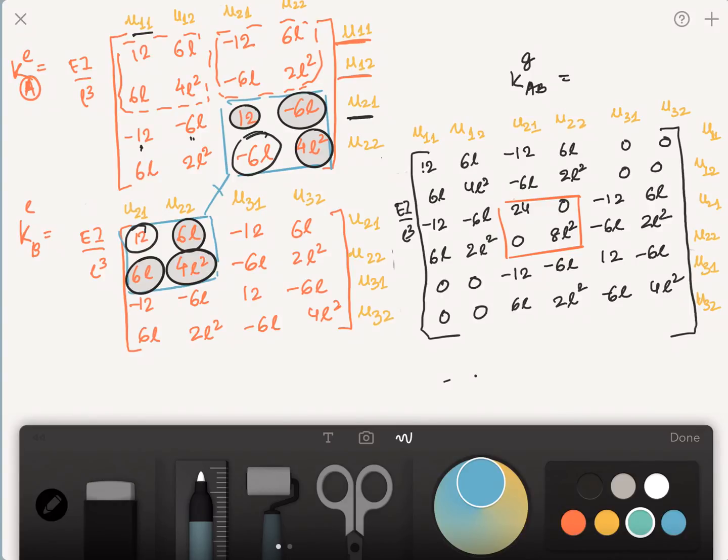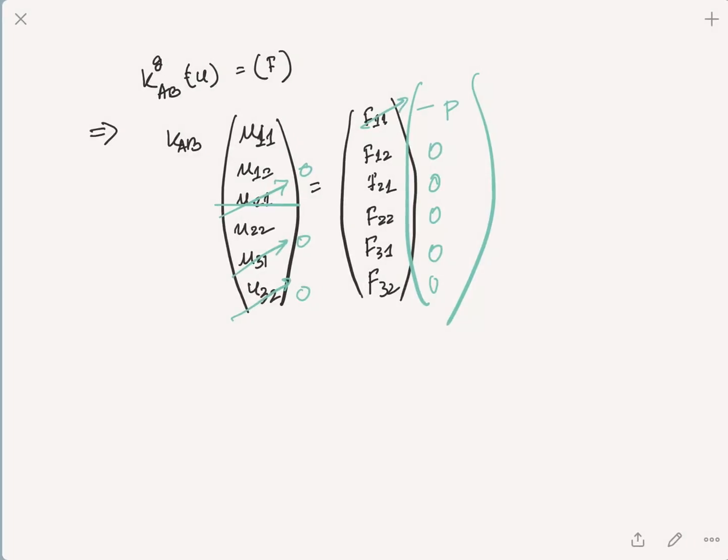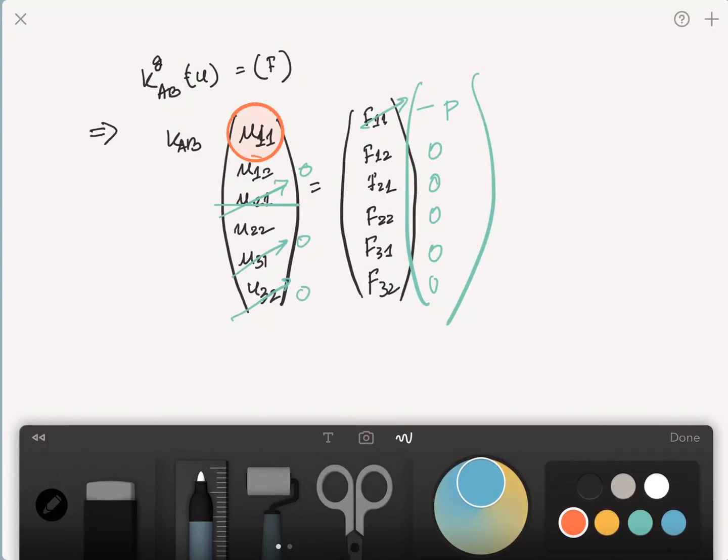And that are U21, so the one that is related to U21 can go away, the one related to U31 and U32. So all these rows and columns can be reduced, and what we have left are then three sets of equations, 1, 2 and 3, to give you the three unknown degrees of freedom, which are U11, U12, U22, and this vector is also defined. So your unknown degrees of freedom U11, U12, U22 will be given to you as results.